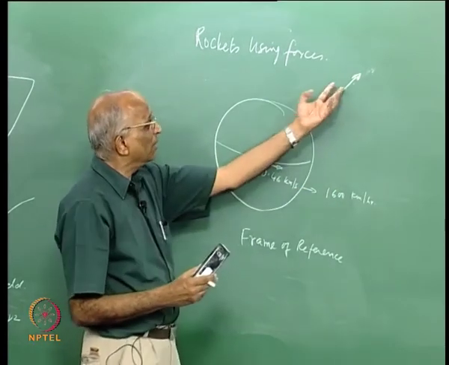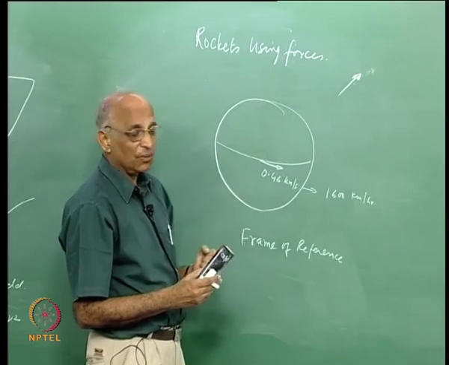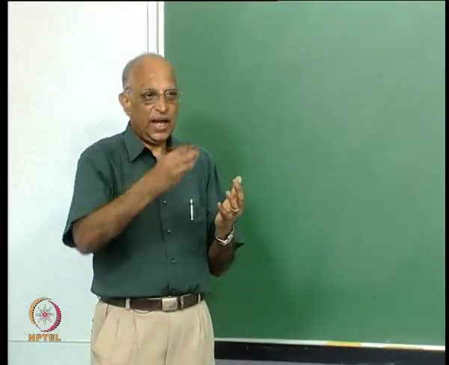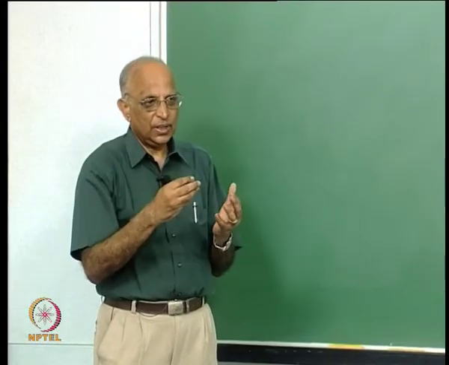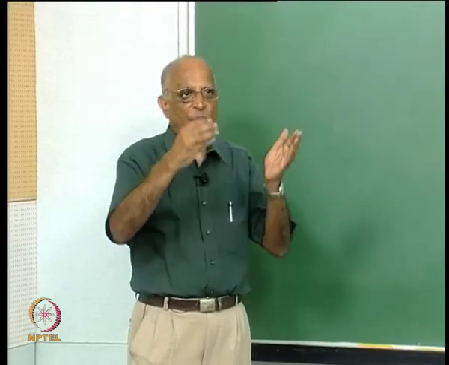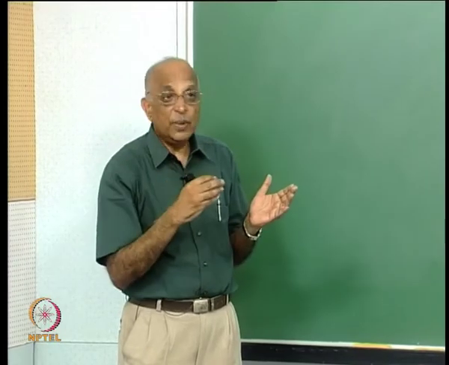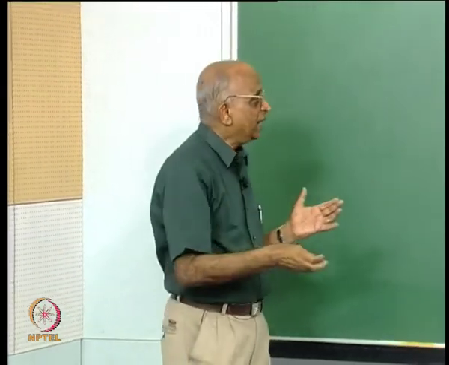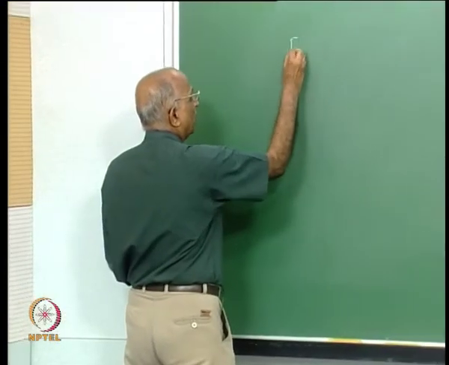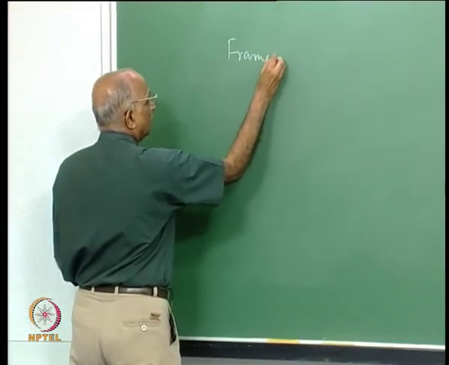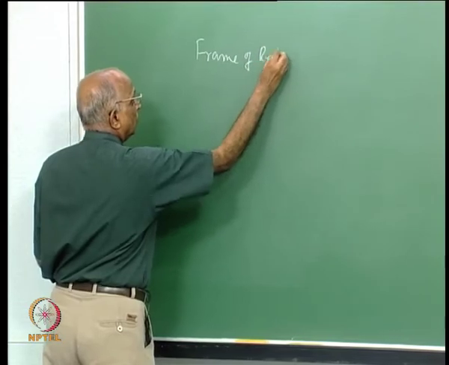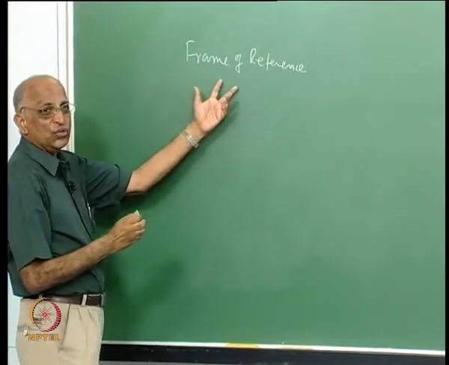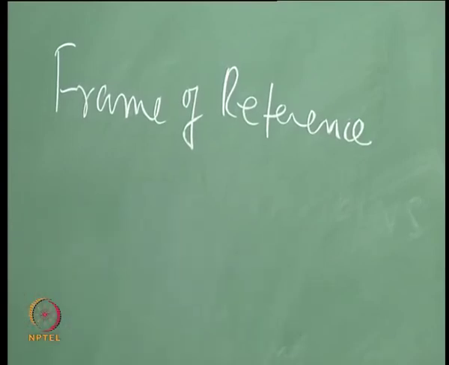That is the speed with which I am moving. Now, how do I find out this particular velocity? I am also moving on the surface of the earth as an object is moving in space, and my appreciation of the distance travelled by it depends on my movement. Therefore, we are all relative, and therefore, we need a frame of reference to be able to describe the motion of bodies in space.